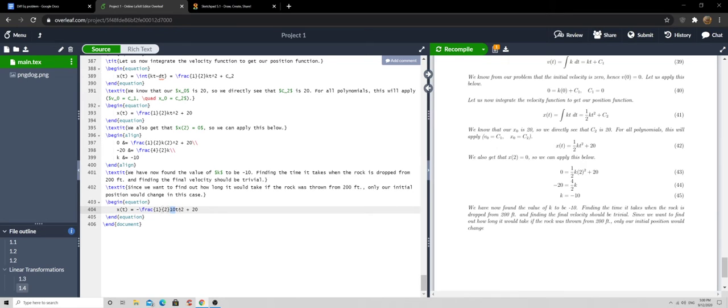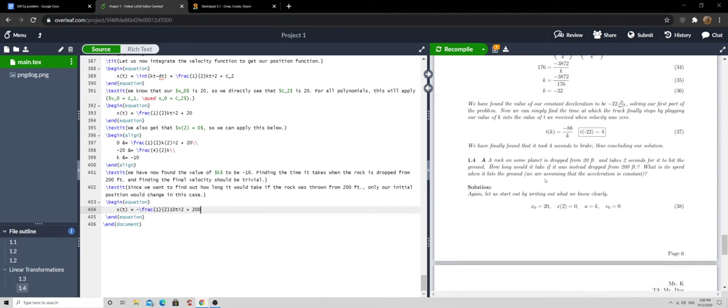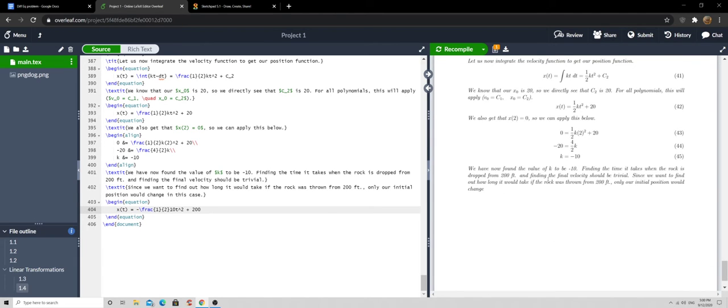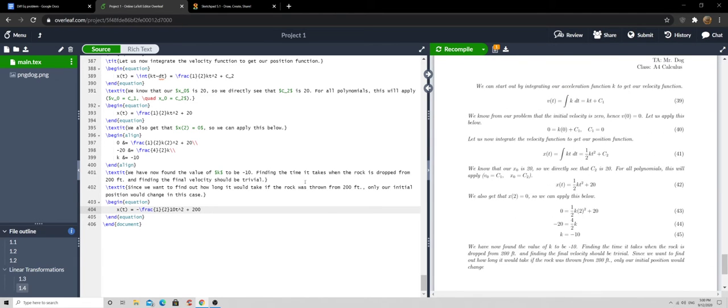Okay, and one half. So our initial position will just be 200 instead of 20. Right. And since, okay, so it should be 200.